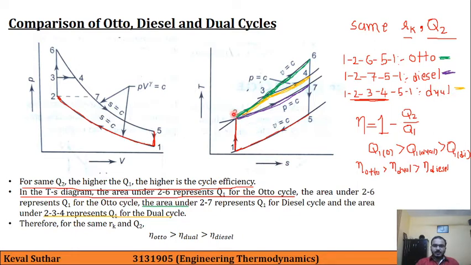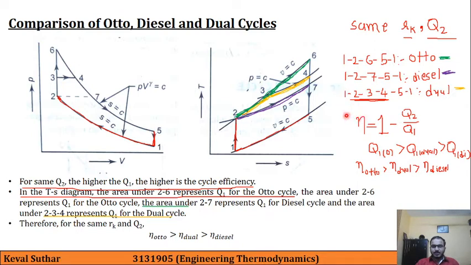In the TS diagram, the area under the green curve indicates Q1 for Otto, the area under the yellow curve indicates Q1 for dual, and the area under this curve, process 2-7, indicates the diesel heat addition.